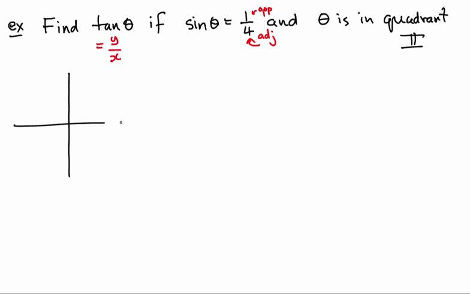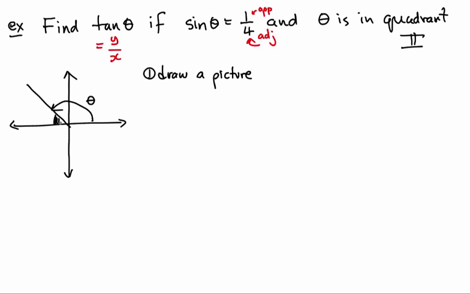So step 1 for me, always with these sorts of questions, is to draw a picture. For instance, I know that I'm in quadrant 2, so I'll just draw a terminal arm in quadrant 2. Here's my theta that I'm trying to figure out, and I know that sine theta in this quadrant is 1 quarter.